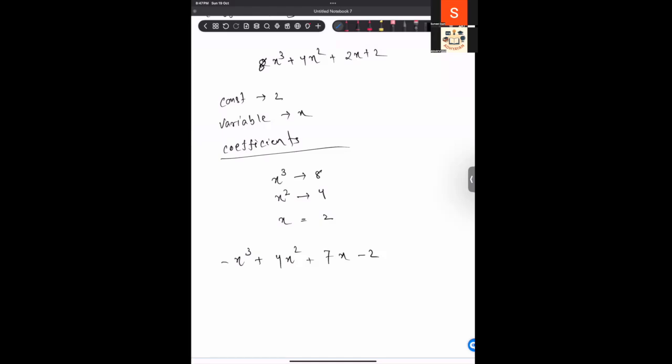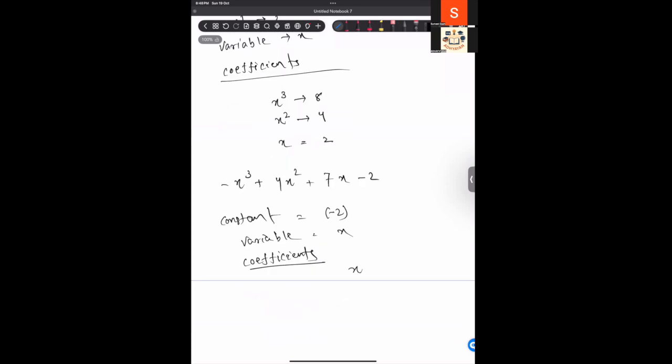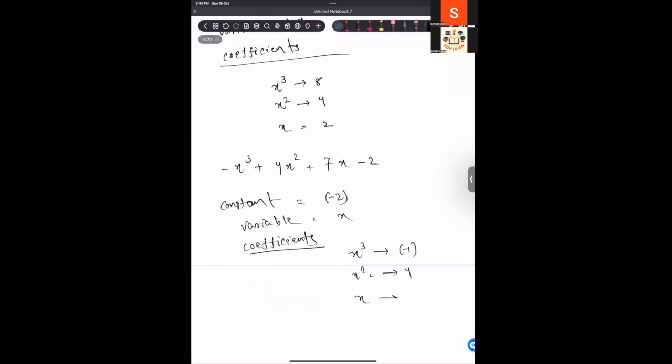If I ask you what is the constant, the constant would be minus 2, right? Then the variable is x. Now, when it comes to coefficients, the coefficient of x cube is minus 1, the coefficient of x square is plus 4, and the coefficient of x is 7.